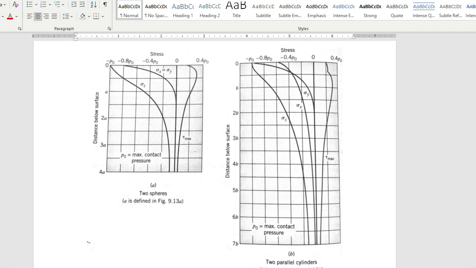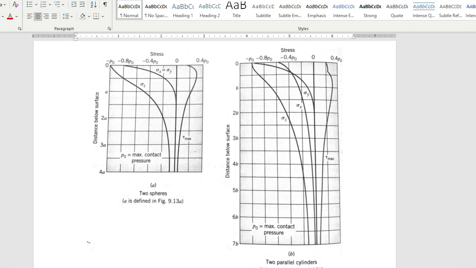And for the sphere-on-sphere contact, because of symmetry, your stresses in x and y directions are the same. Your stress in the z direction is the same as the max contact stress. Okay, so that's in the center of that contact region. We say that it's negative because it's a compressive stress in that material.